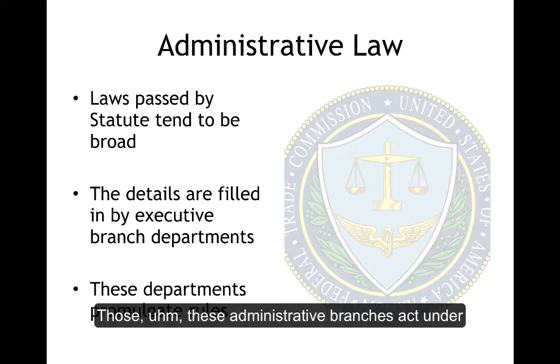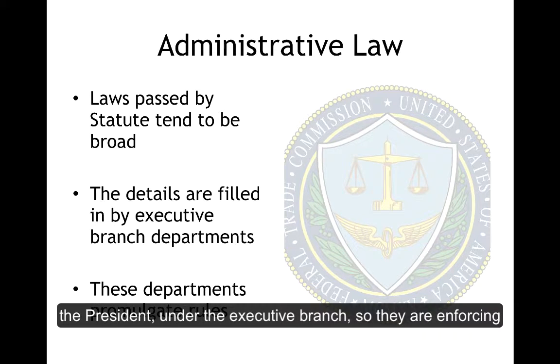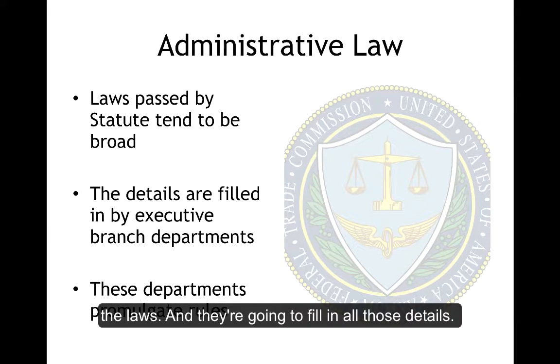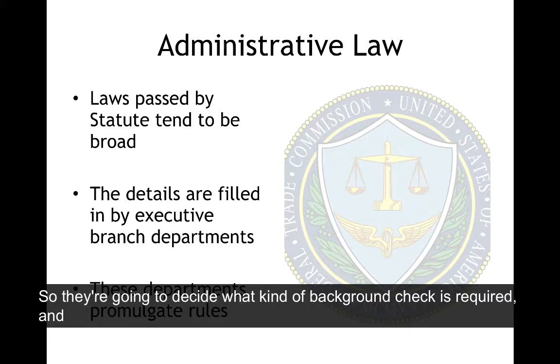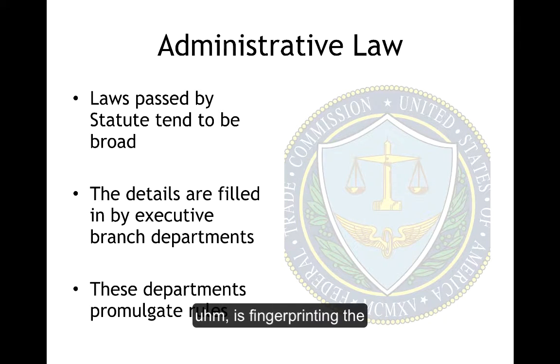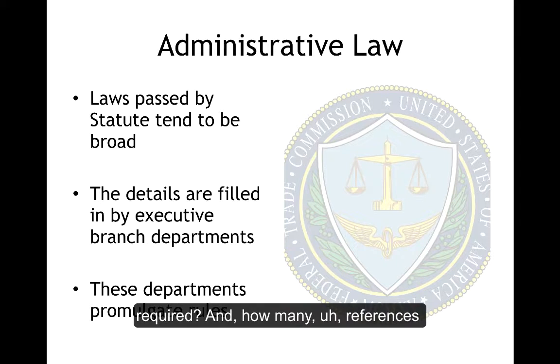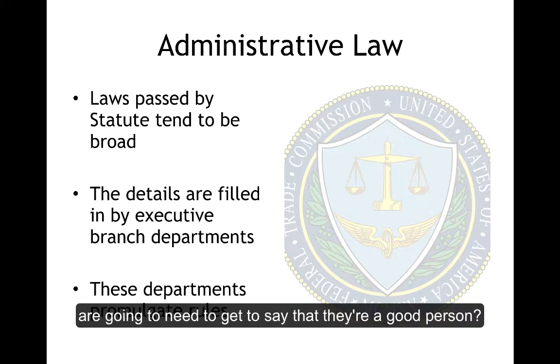These administrative branches act under the president, under the executive branch, so they are enforcing the laws. And they're going to fill in all those details. So they're going to decide what kind of background check is required, and is fingerprinting required, and how many references they're going to need to get to say that they're a good person.